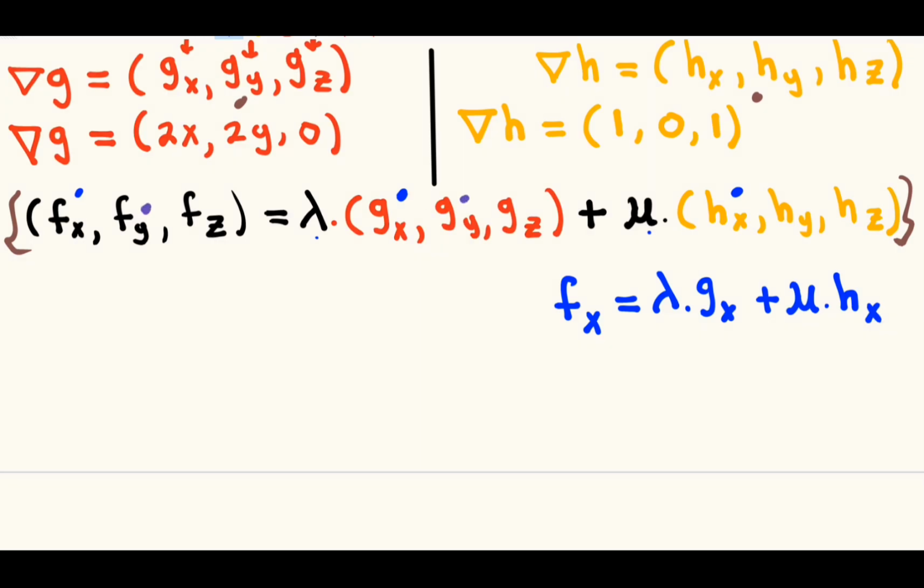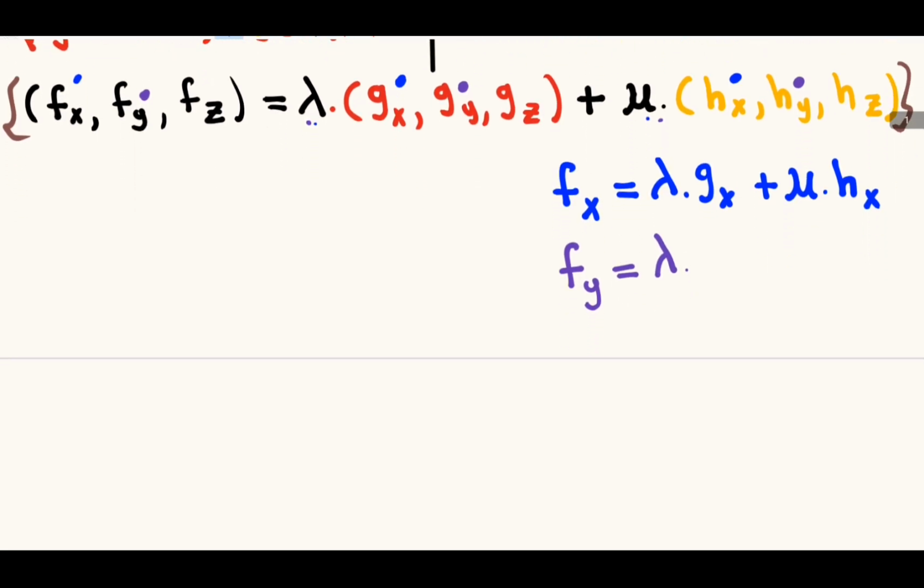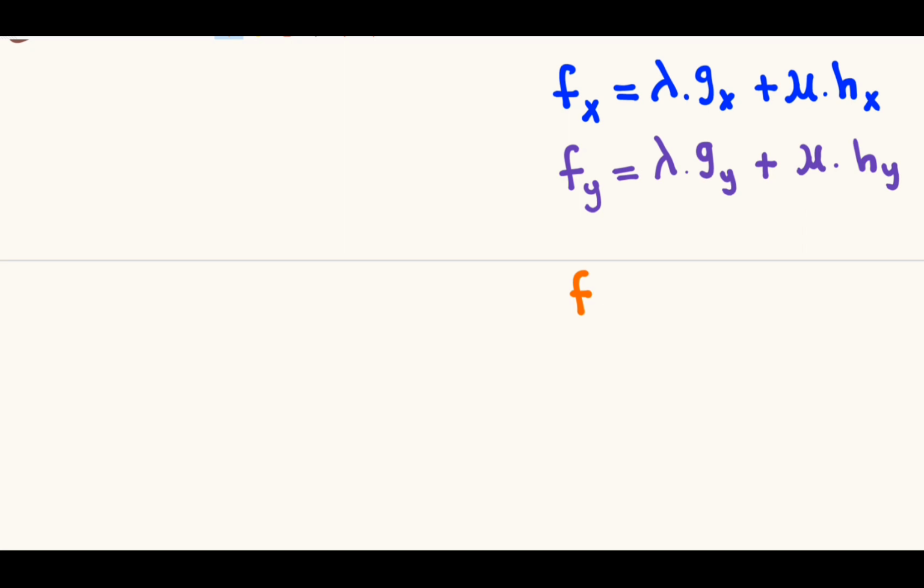For the y component, we have f subscript y, which is equal to lambda multiplied by g subscript y plus mu multiplied by h subscript y. And for the z component, we have f subscript z, which is equal to lambda multiplied by g subscript z plus mu multiplied by h subscript z.